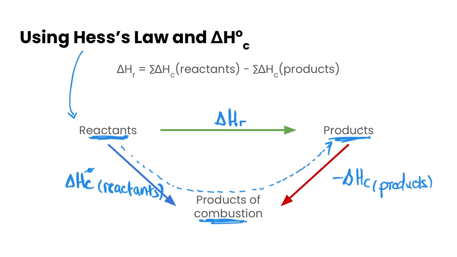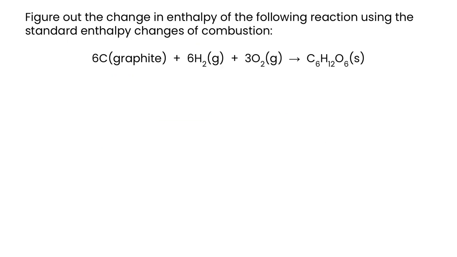And of course, if there are any coefficients, we still need to include those in our calculation as well. We can summarize it in this equation, where the enthalpy change of any reaction is equal to the sum of the enthalpy change of combustion of all the reactants minus the sum of all the enthalpy change of combustion of the products. So it's a nice way that we can use enthalpy changes of combustion to figure out the enthalpy change for any particular reaction. Let's look at an example then.